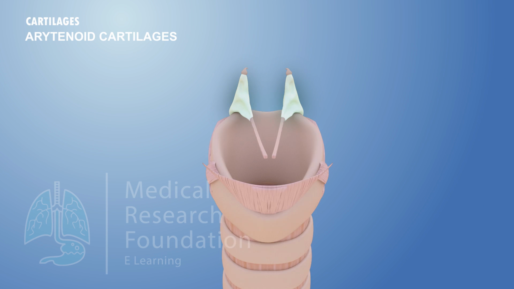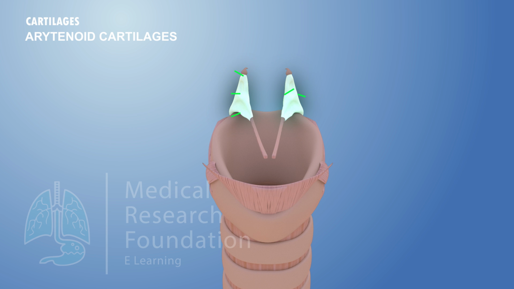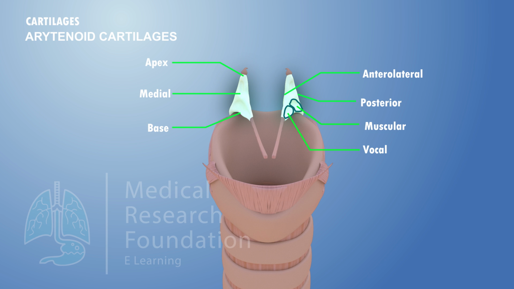Arytenoid cartilages. The paired arytenoid cartilages articulate with the lateral parts of the upper border of the cricoid lamina. Each arytenoid cartilage is pyramidal and presents an apex, base, three surfaces, posterior, anterolateral, and medial, and two processes, muscular and vocal.